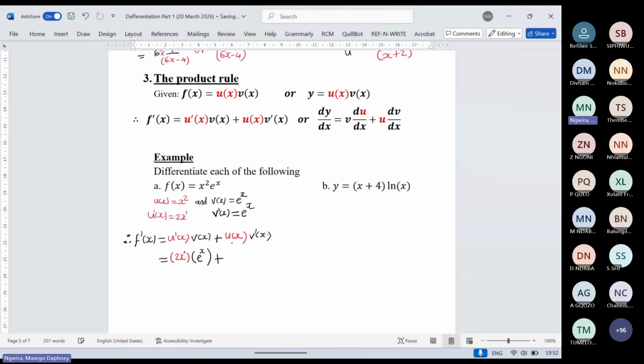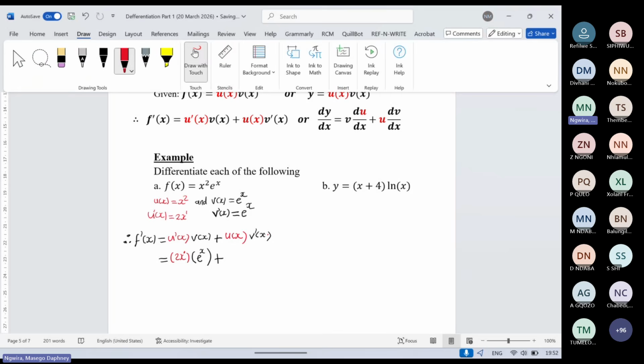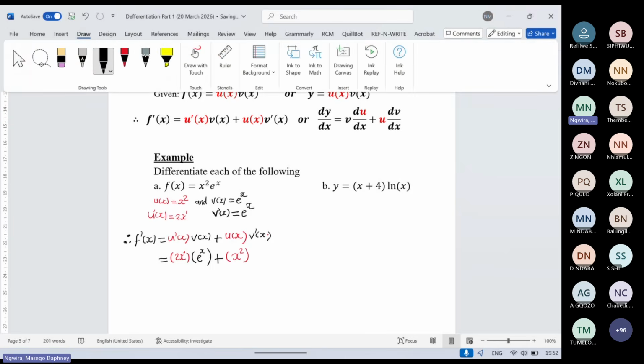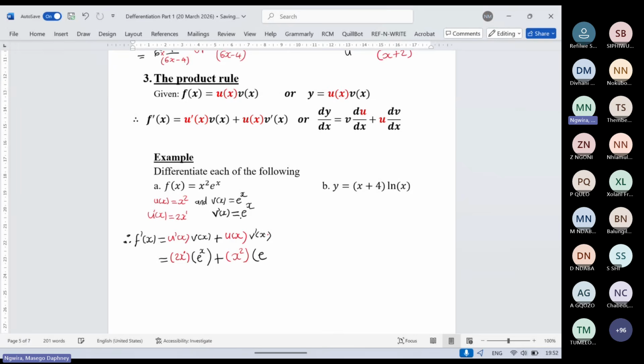Plus u(x) is this one, x squared. v prime(x) is just e to the power of x, it didn't change. Then this times this is just 2x, e to the power of x, then plus x squared, then e to the power of x. And that's it.